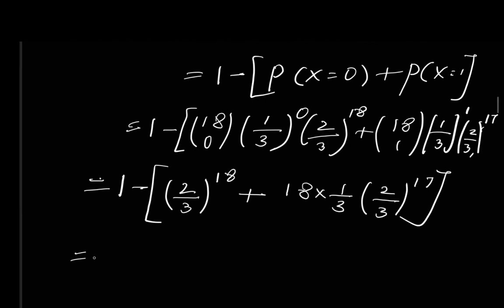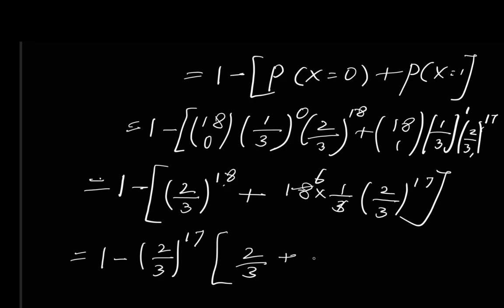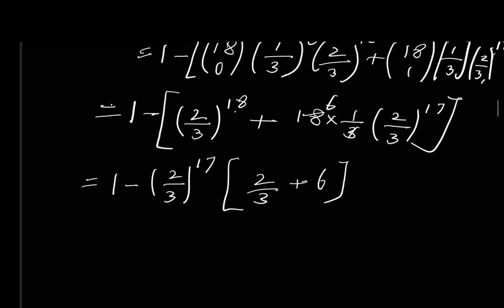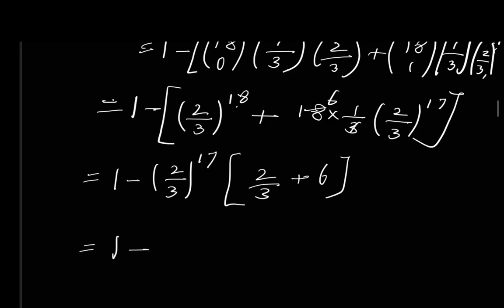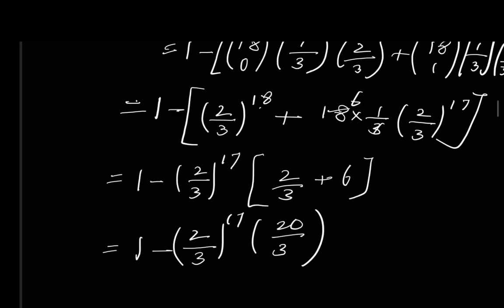So 1 minus, take 2 by 3 the whole power 17 as common. You will get 2 by 3 plus 6, since 3 goes here 6 times. So 1 minus 2 by 3 the whole power 17 into, taking 3 as LCM, 3 sixes are 18, 18 plus 2, 20 by 3. So this is the answer for you.